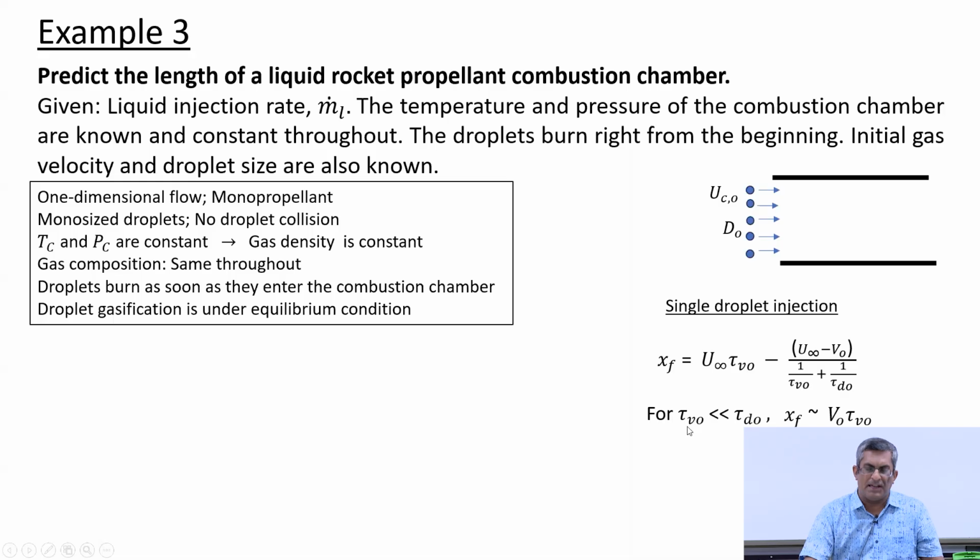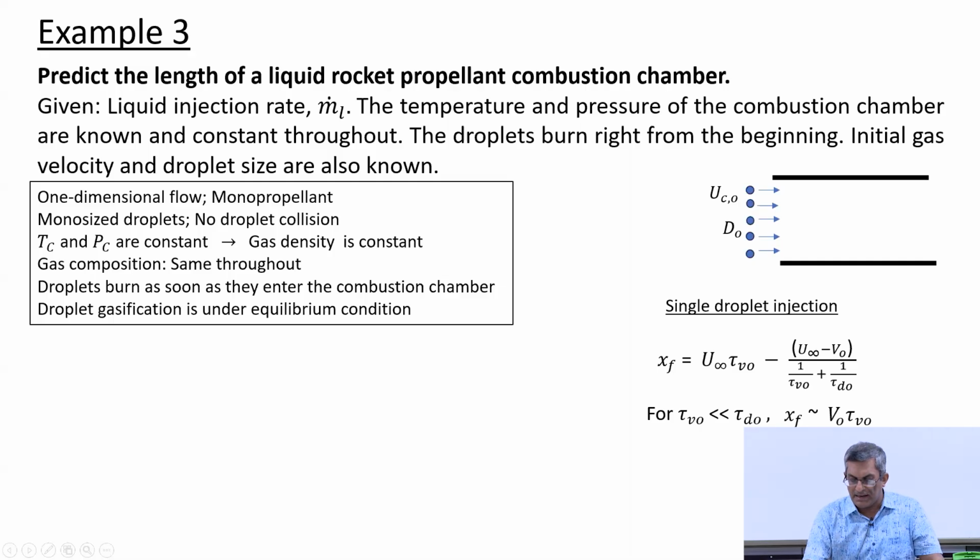If we assume that the evaporation time scale is much less than the particle relaxation time, that is, the droplets are evaporating or burning very fast, then we get that the length is equal to the injection velocity times the vaporization time scale. We know that this vaporization time scale, according to the d square law, is d naught square divided by the evaporation constant.